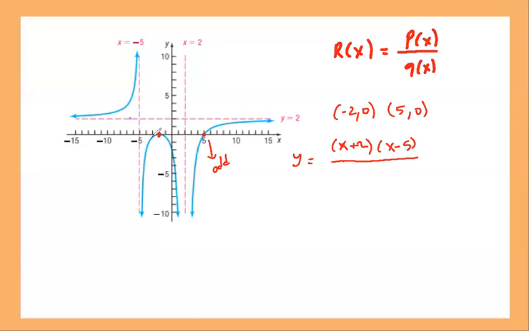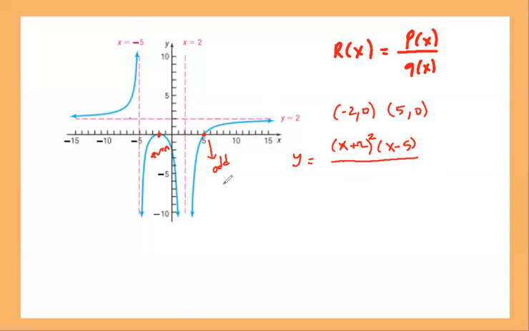But if you have an x-intercept where you are just touching, not crossing, this has to be an even multiplicity. We don't really know if it's 2, 4, whatever, but it has to be even. So to make it lowest term, I will go with x plus 2 to the second power, and x minus 5 to the first power. So this looks okay so far as my numerator, okay?